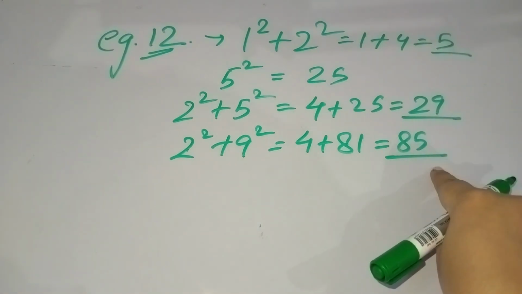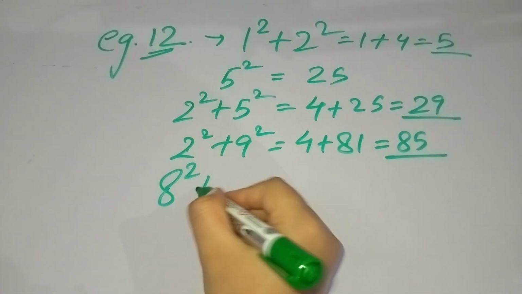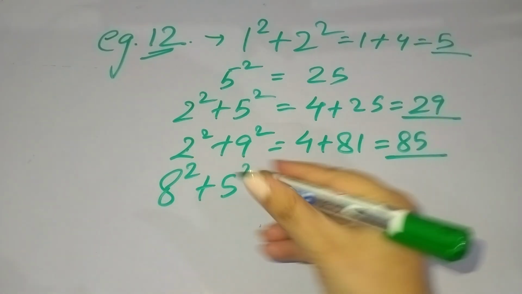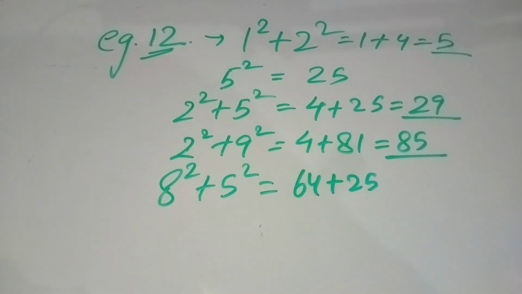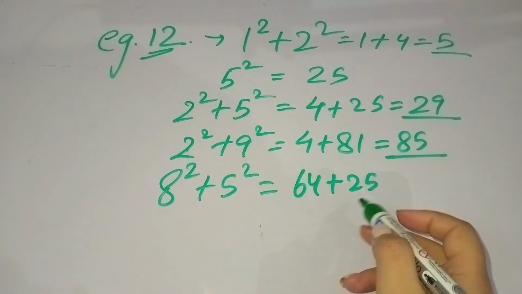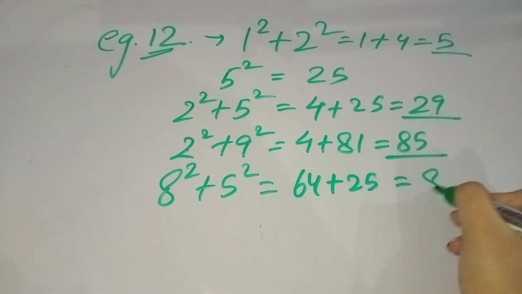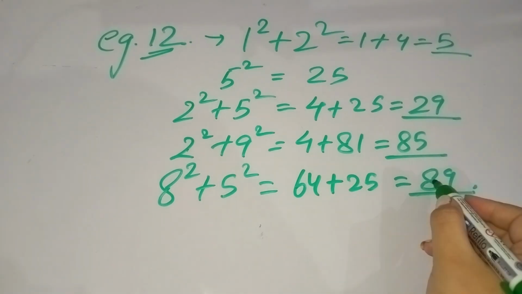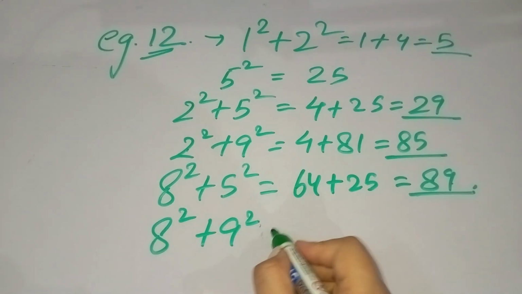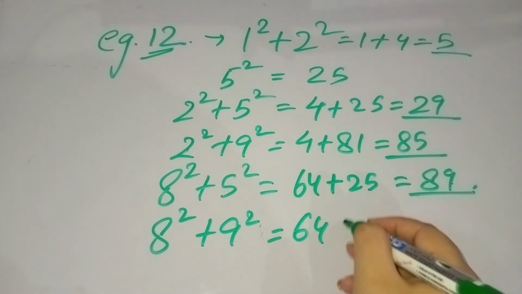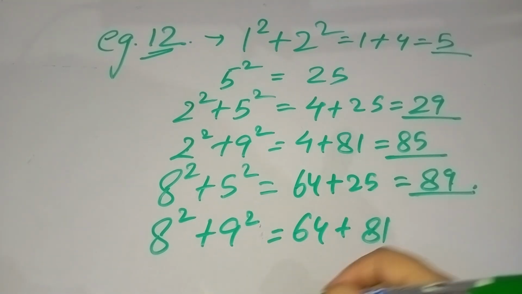Now 8 square plus 5 square. So 8 square is 64. 5 square is 25. So we'll get 89. Now 8 square plus 9 square. 8 square is 64. 9 square is 81.